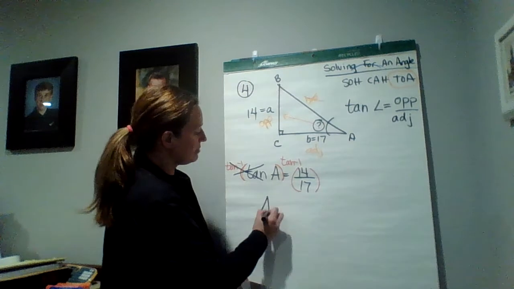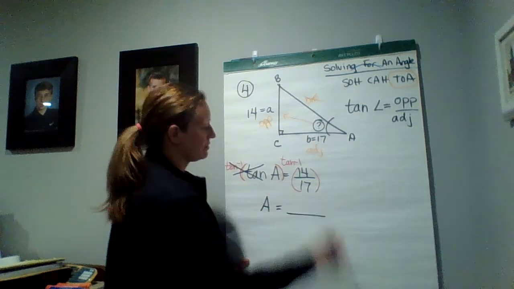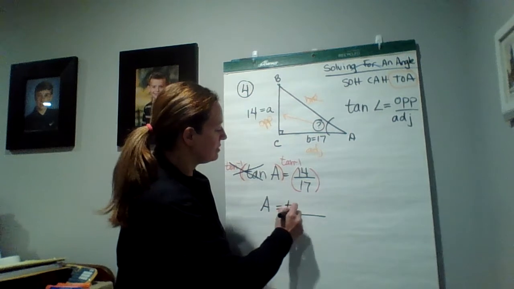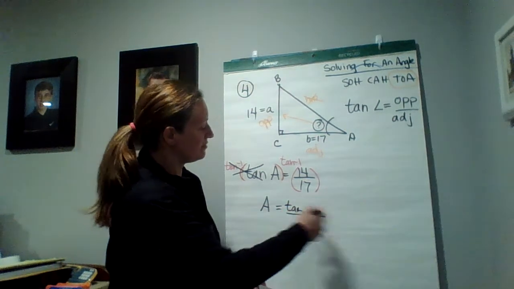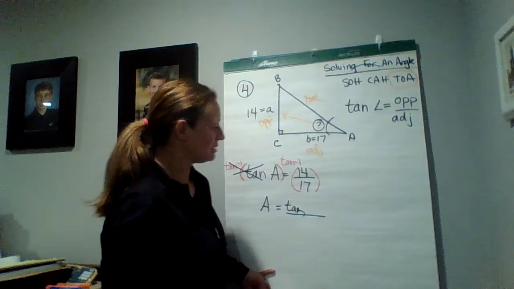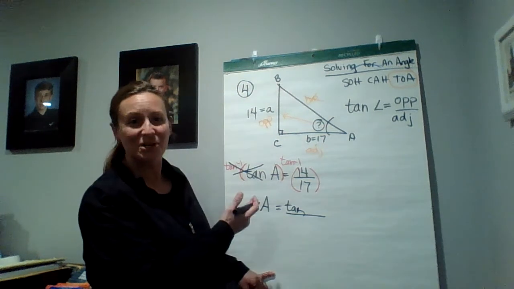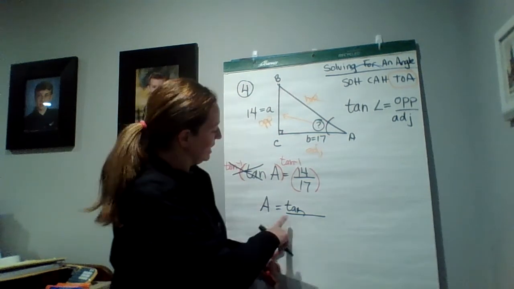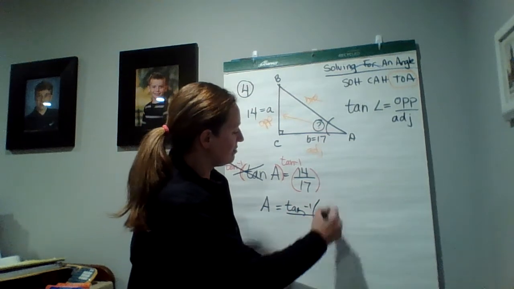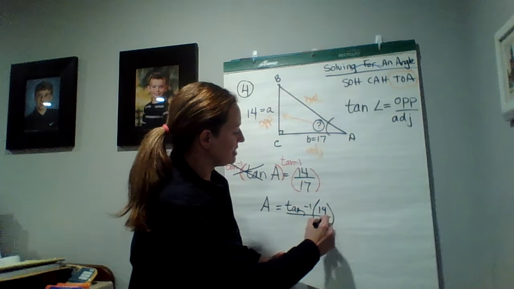That leaves A by itself. So A is equal to, and there's actually no reason to have a fraction bar there. I just wrote that accidentally, but I can't erase it because it's just markers. Anyway, A is equal to the inverse tan of 14 over 17.